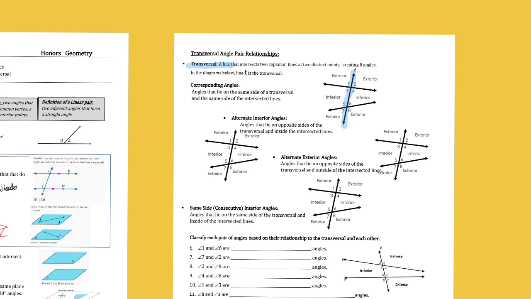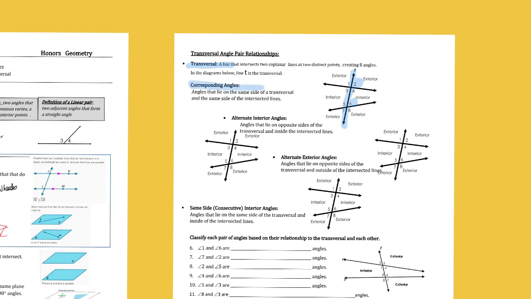So corresponding angles are going to be the same relative position in the 2 intersections. You've got 2 main intersections, and notice, if you look at angle 2, who is going to be corresponding to angle 2 in the bottom group of angles? That would be angle 6. So 2 and 6 are corresponding angles.